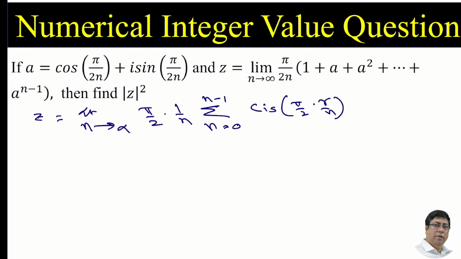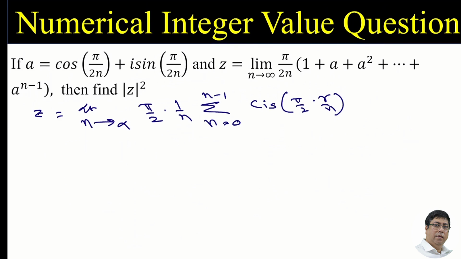Better in this form, because in this form we know that r by n will be converted to x and this is integration 0 to 1. Therefore directly we can write pi by 2 into integral 0 to 1 of e to the power i theta, that is i pi by 2 x, where r by n is converted to x.